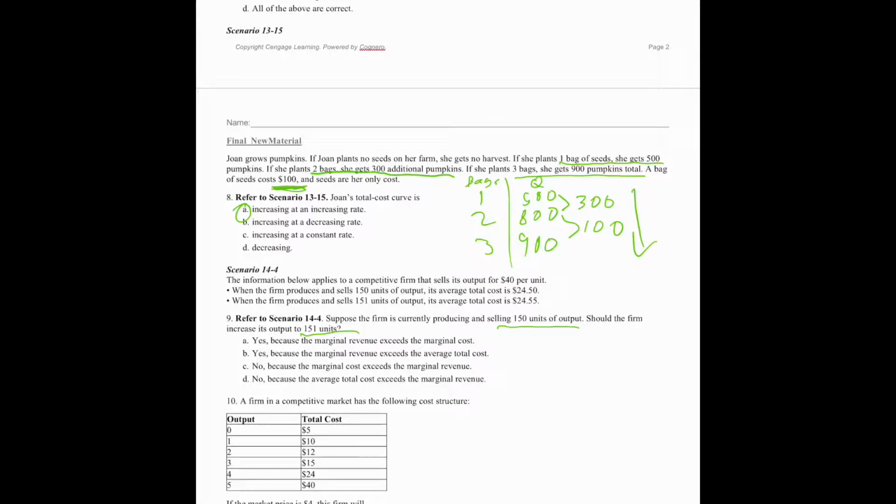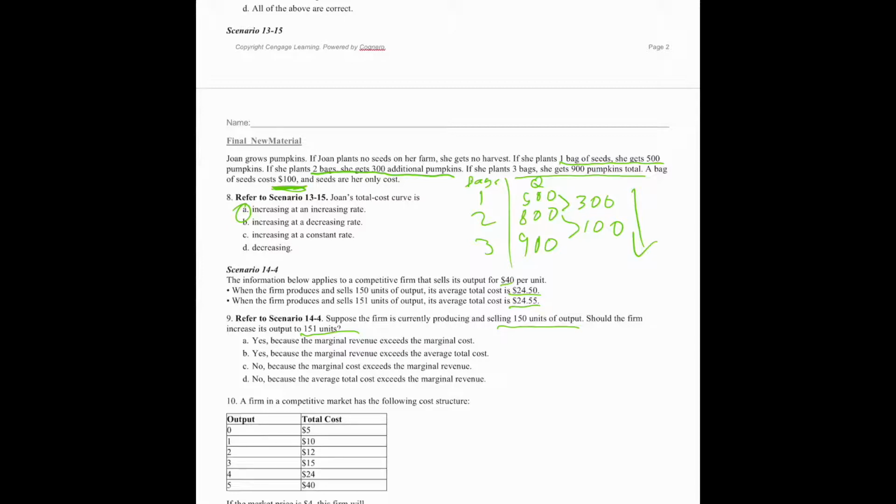Well, then what's the marginal cost of that 151st unit? How do we find that? Well, if we're selling 150 units and the price is above average total cost, we know we're still making profits, so that's great. If we move to 151, we would still be making profits because it's above average total cost, but what we need to do is find marginal cost.